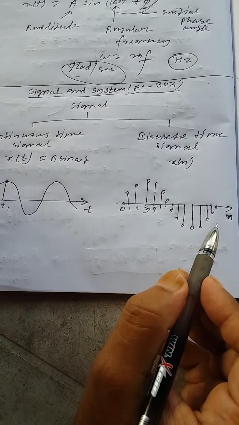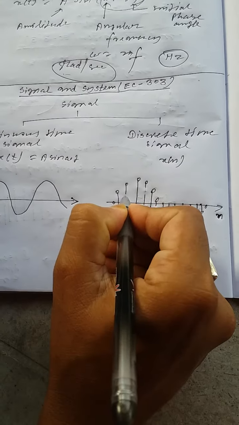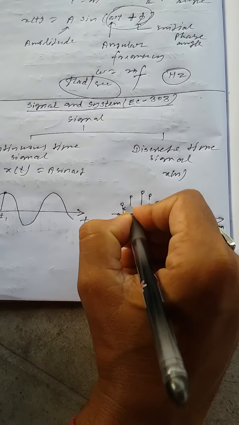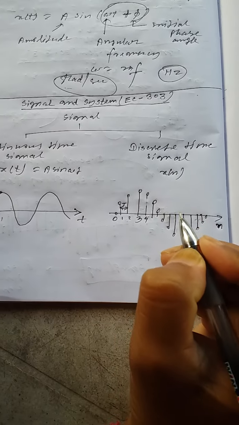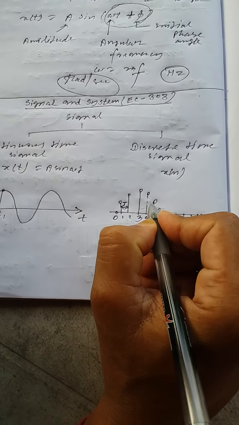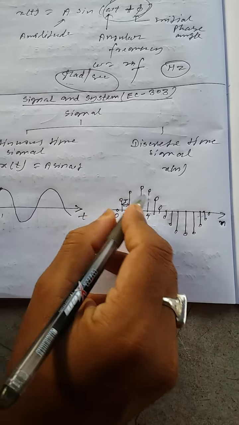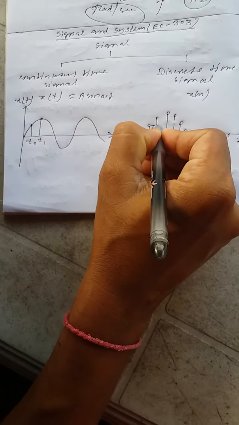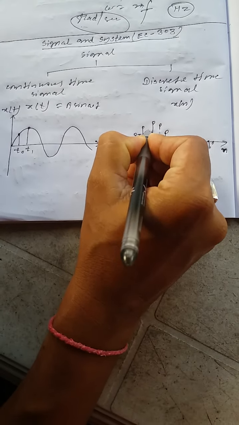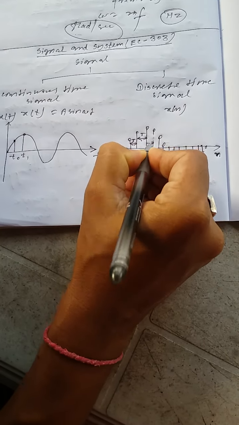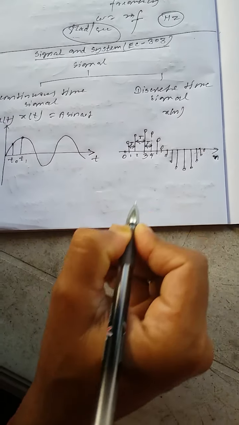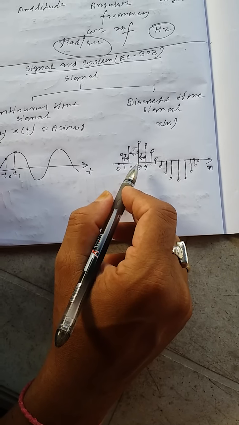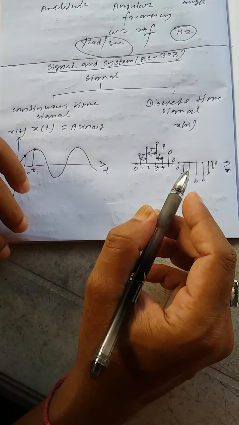So here the time duration between two samples, say it is capital T. Now this capital T is constant during the entire curve of this signal. So this duration is also capital T. So the time interval between two samples is constant.